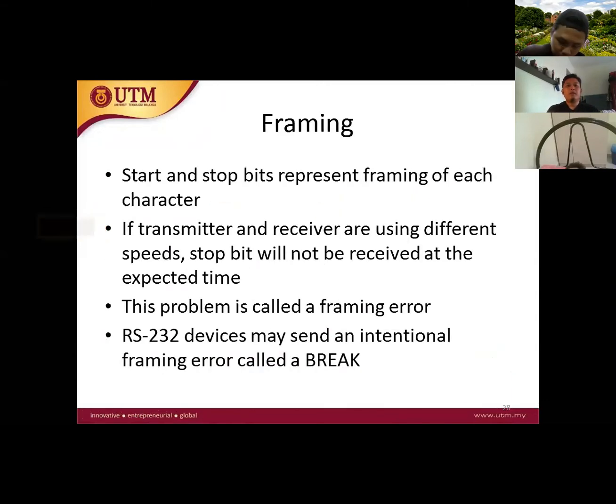Okay, framing is also important. Start and stop bits represent framing for each character. Framing means that the baud rate of the transmitter and receiver must match. If they don't match, there will be error, and this problem is called framing error.